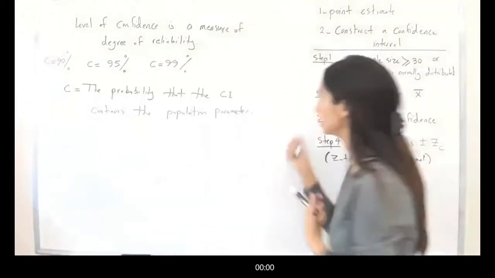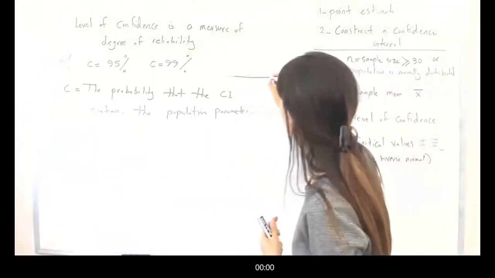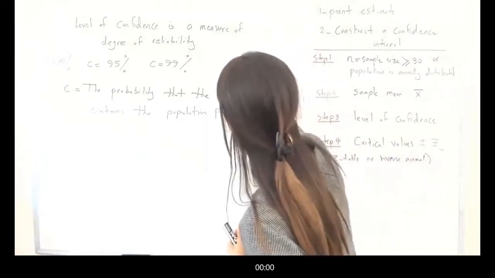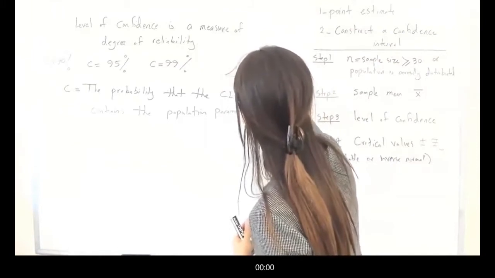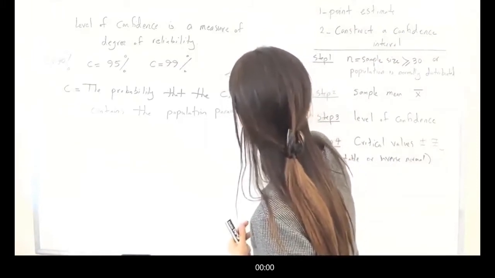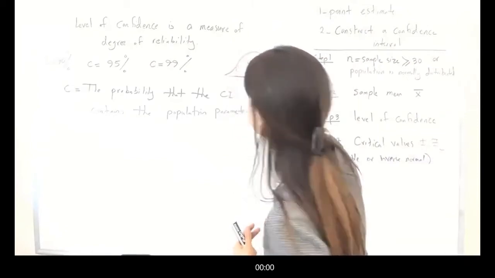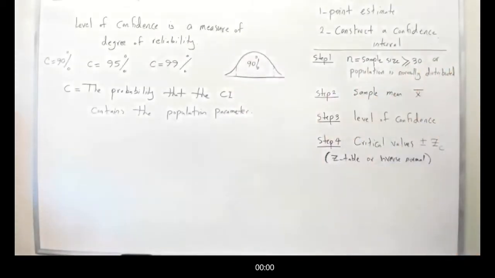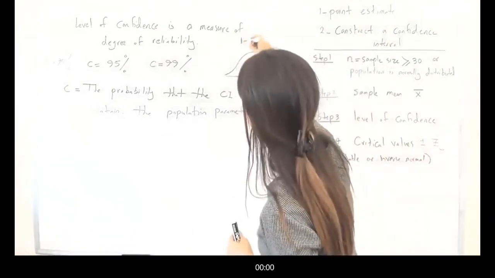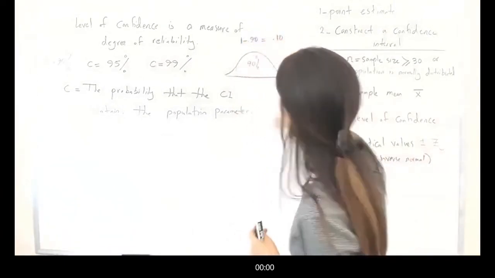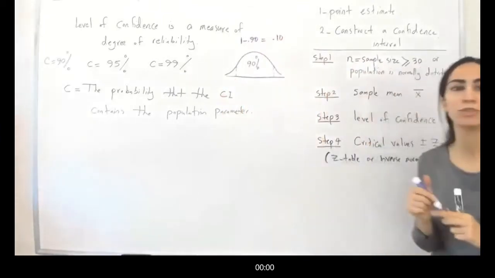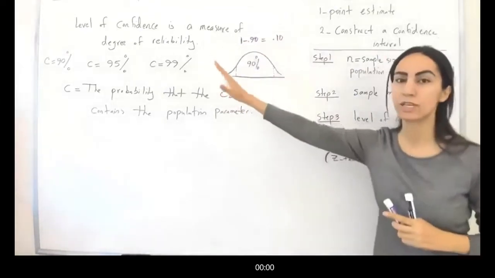Because of symmetry, here suppose you have a 90% confidence level. So it means that 1 minus 90% is equal to 10%. 10% is divided into 2 areas, on the left and on the right.